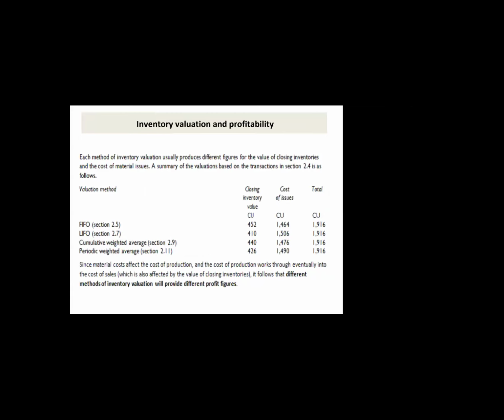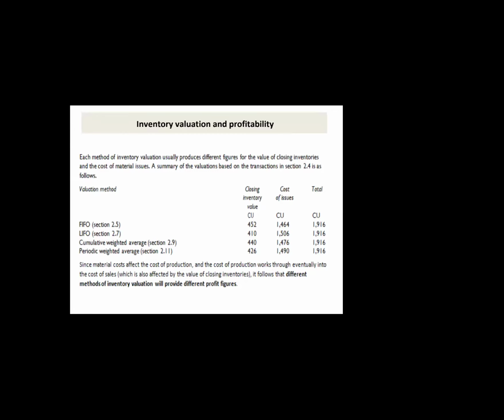Notice once again, the cost of material issued plus the value of closing inventory equals the cost of purchase value, that is 1916. Here, inventory value and profitability. We already calculated this under the FIFO method: closing value of inventory 452 and cost of issue 1464.